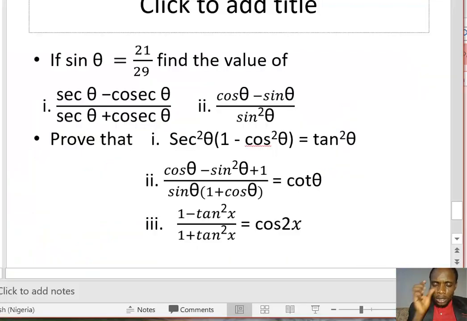So we can now go back to our question. The question said we should find sec theta minus cosec theta all over sec theta plus cosec theta.